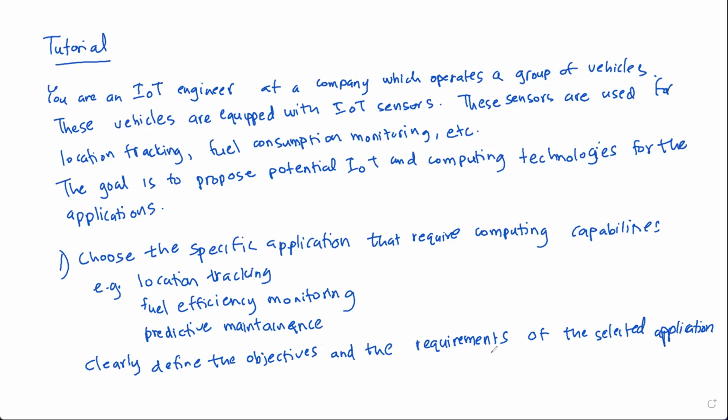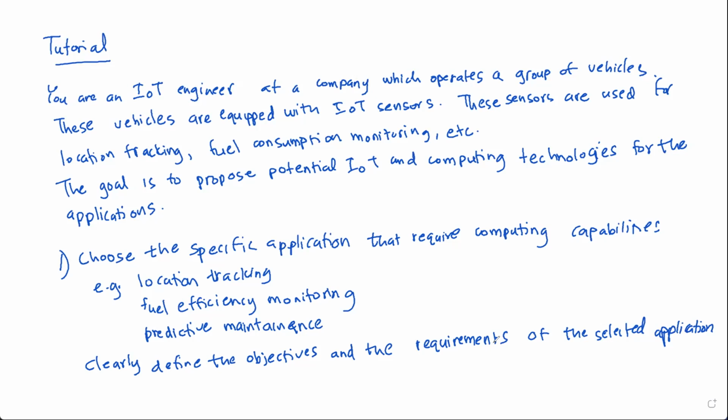And then requirements of the selected application means what are the hardware and software that is required for the application. So for location tracking, you will need some hardware, right? You might need some sensors like a GPS sensor or other tracking sensor. And then you will need some software that can read the data, this GPS measurement, right?